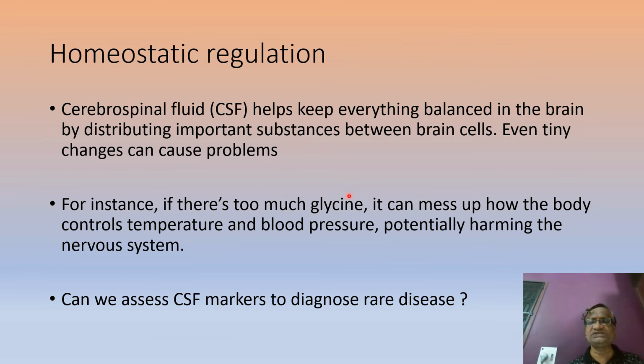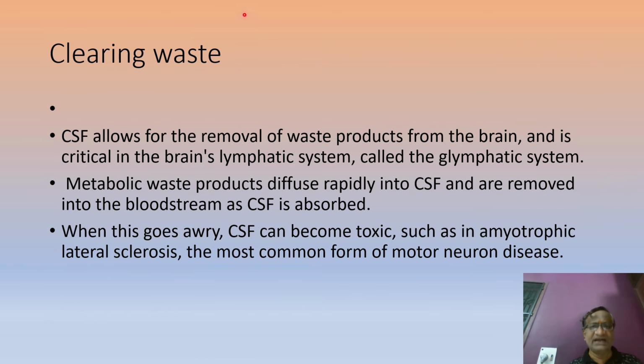For example, too much glycine, it controls temperature and blood pressure. CSF keeps everything balanced in the brain. Important substances between brain cells. Clearing waste, that is what is called the brain's lymphatic system. Metabolic waste goes up. If they don't go up, they develop amyotrophic lateral sclerosis, something like that.